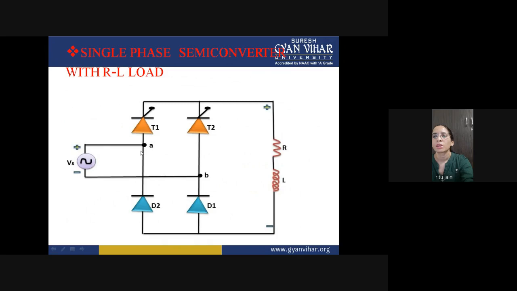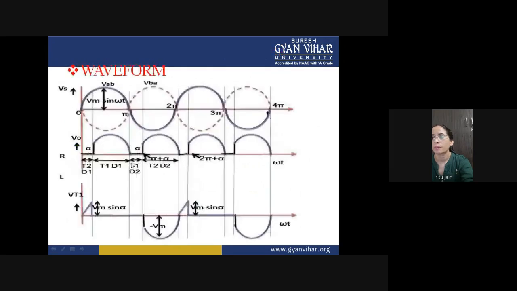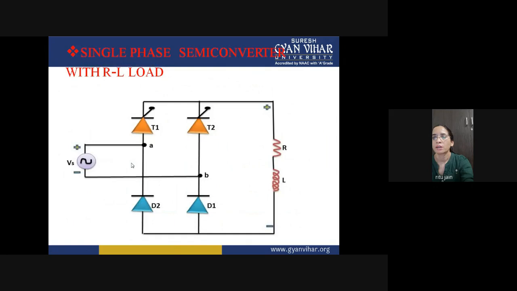So you can see that for the positive half cycle, this terminal is positive, this terminal is also positive, and this terminal is negative, and this terminal is negative. When you apply a positive gate signal, then T1 will be in forward blocking mode and your D1 will be in forward biasing.